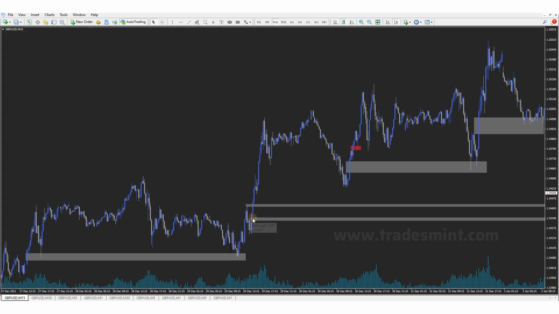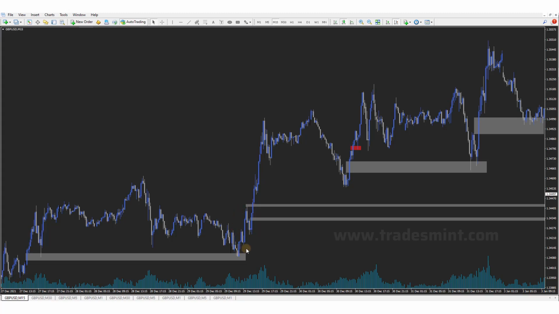These two wicks didn't match together. So in this small period of time, there were no sellers, just a big push by buyers. I drew two zones here close to each other, because also here I found a break of a cleaner high, and also these two wicks didn't meet.